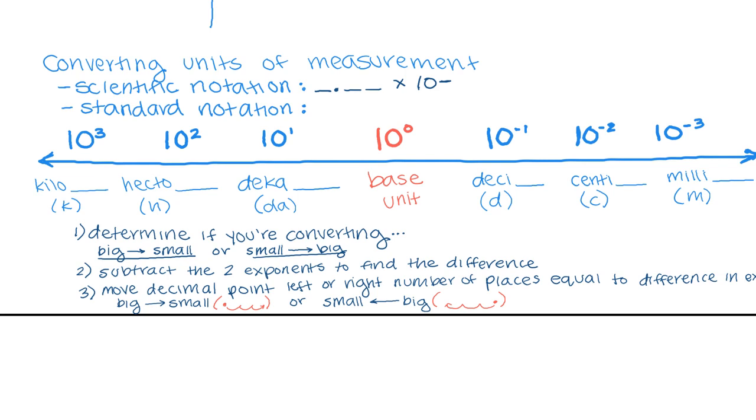So if we are starting with our base unit, let's say we start with a base unit of a meter, for example. As I said before, the meter is the standard unit of measurement for length, the SI unit of measurement for length. However, we could make these units bigger if we wanted to.